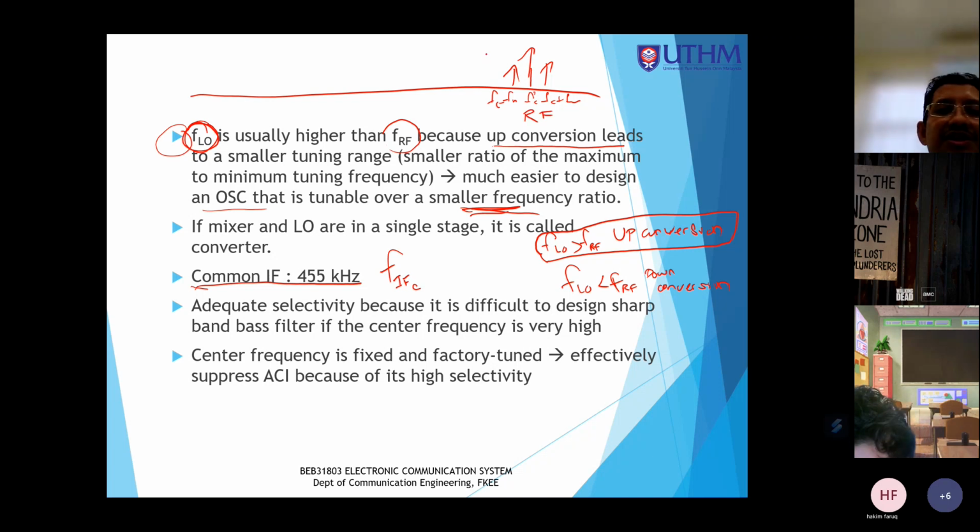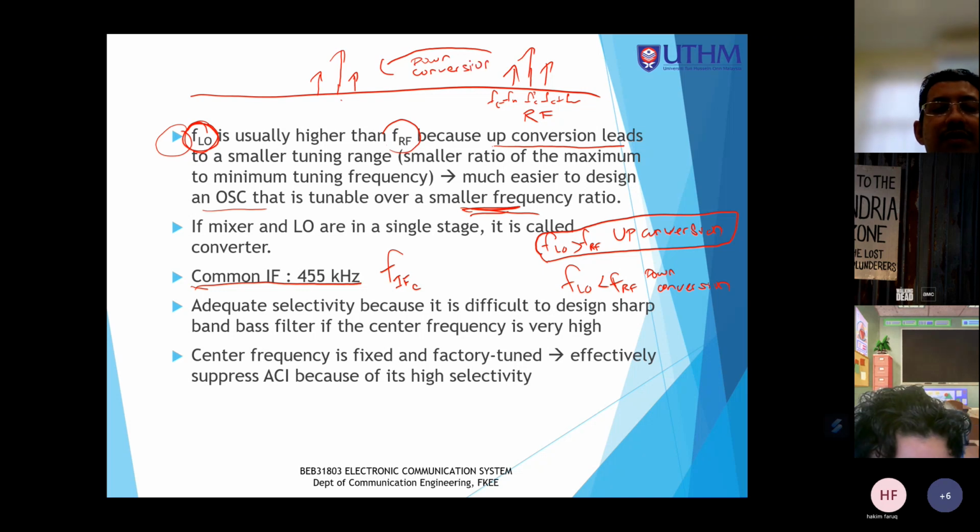So down conversion dia akan down convert kepada intermediate frequency. So kalau kita down convert, saya masih mengekalkan jumlah komponen. Okay, yang mana dia akan down convert, down conversion. Okay, so here is FIF center.